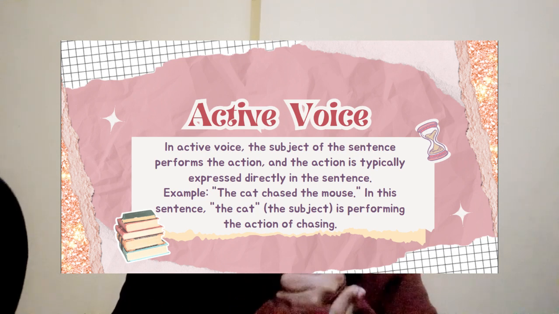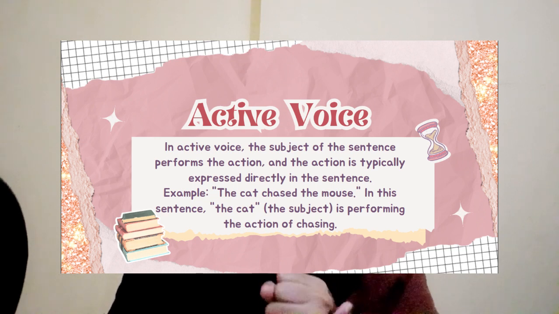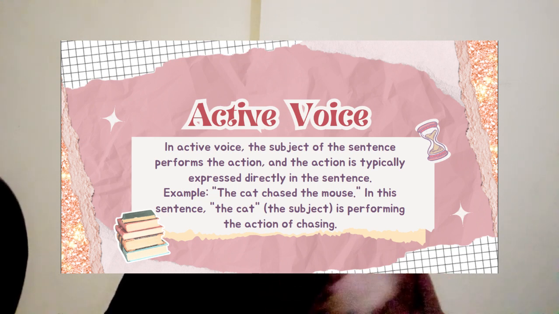So the subject is the cat in the sentence and performing the action of chasing. So the subject, the action, and then the target. The cat chased the mouse. In active voice, the subject is in front of the sentence and then the action and then the target.